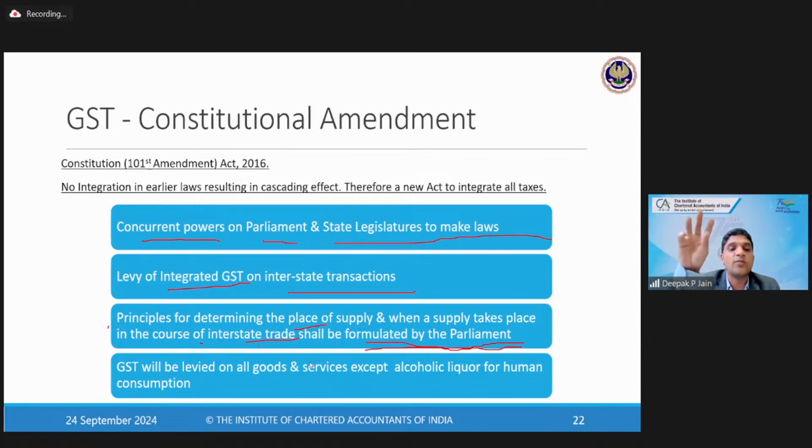So the central government will make the laws to determine the place of supply and when a supply shall be treated as an interstate supply. Then GST will be levied on all goods or services except alcoholic liquor for human consumption. So this is what is given. Main amendments happen in the constitutional amendment.